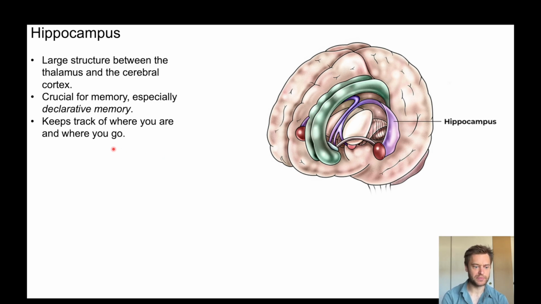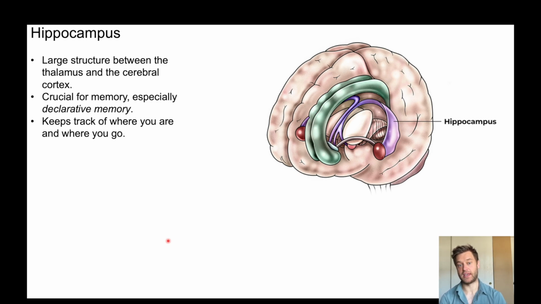And I have here that it keeps track of where you are and where you go. This is something you also need to know, that the hippocampus is really important for your spatial memory. So, for instance, this was done a long time ago, so I don't know that this would be replicated with Uber drivers today, but taxi drivers in London were studied a couple decades ago, and they were found to have enlarged hippocampi.